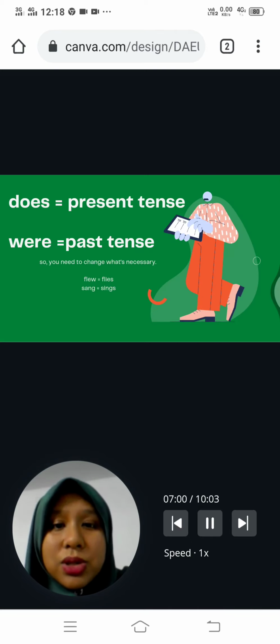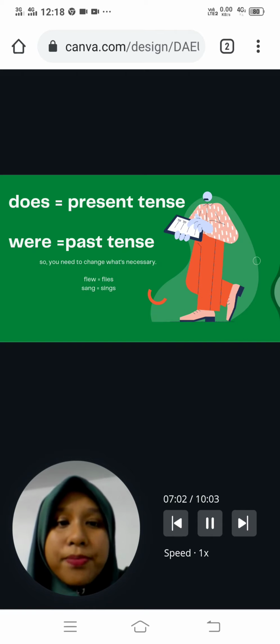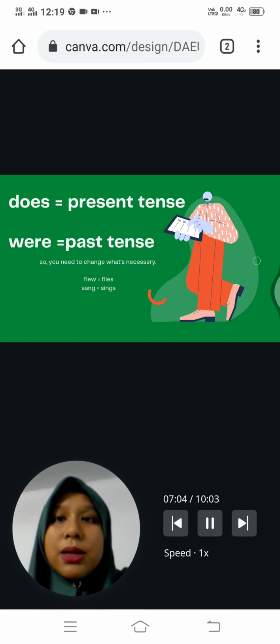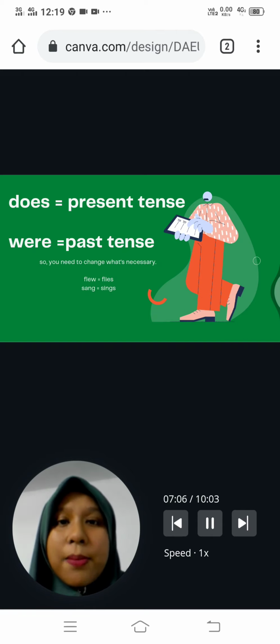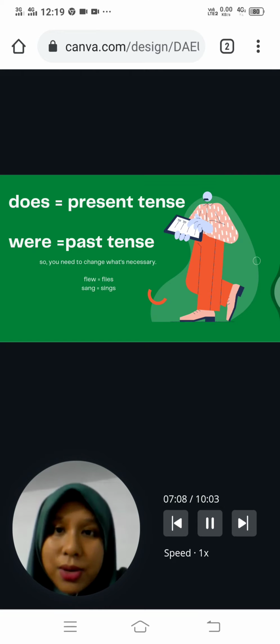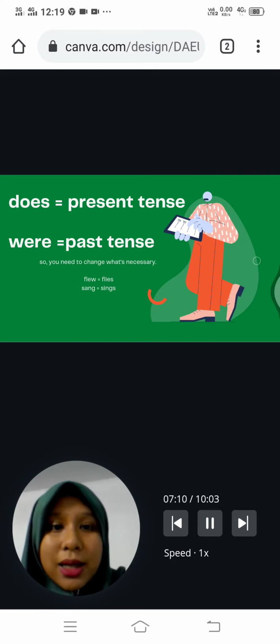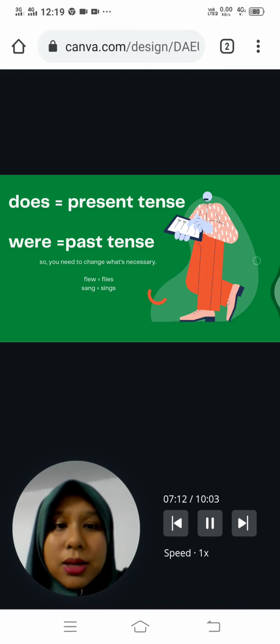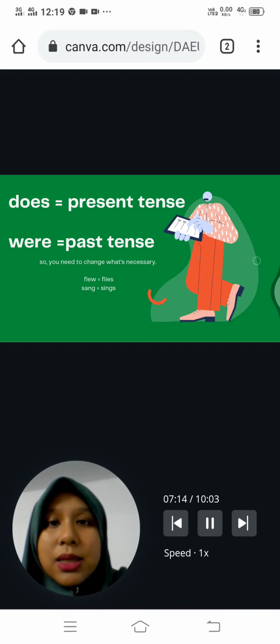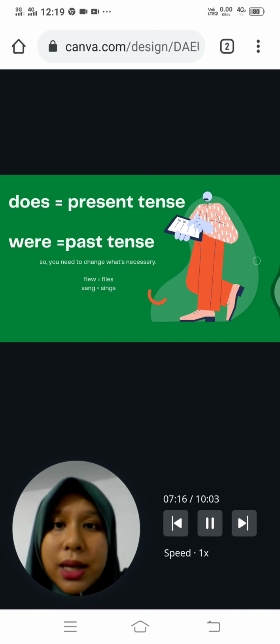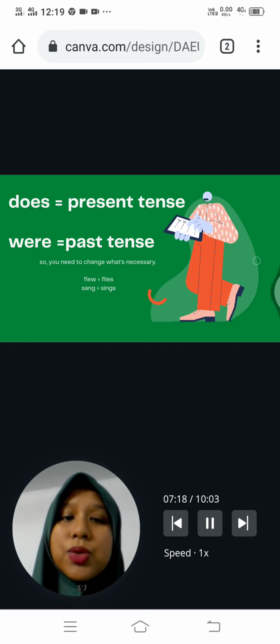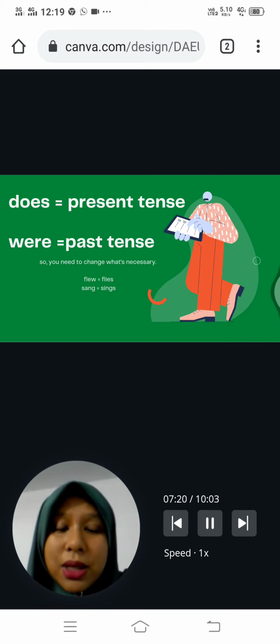From this question, we see does is in present tense. But in the story, the point we underlined is in past tense. It doesn't correlate, so you need to change what's necessary.